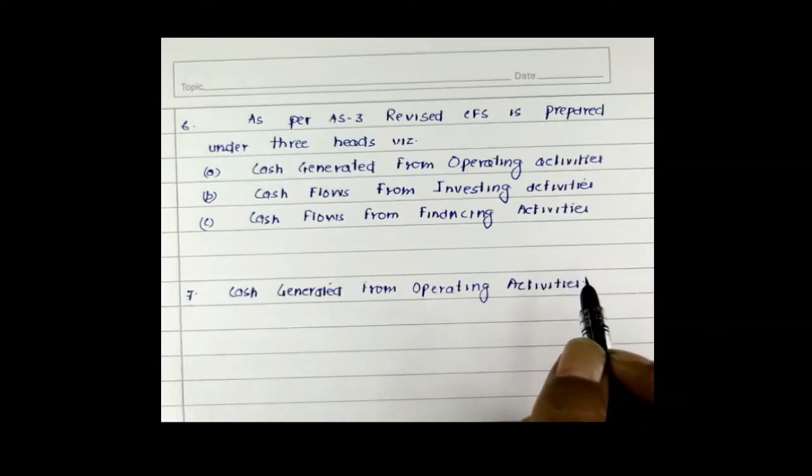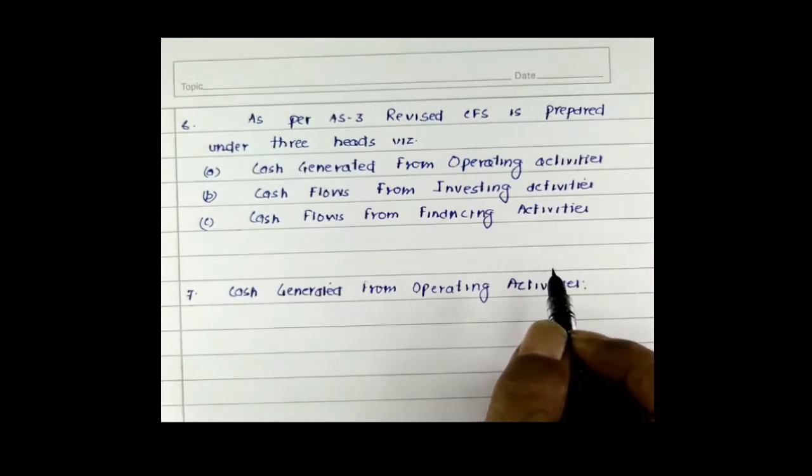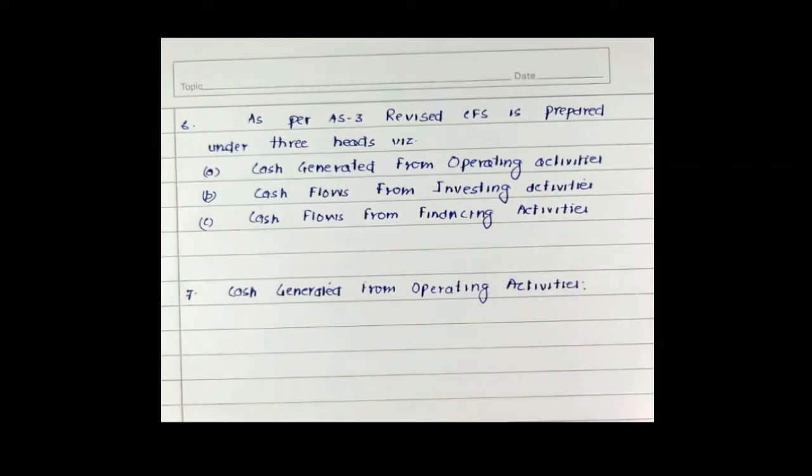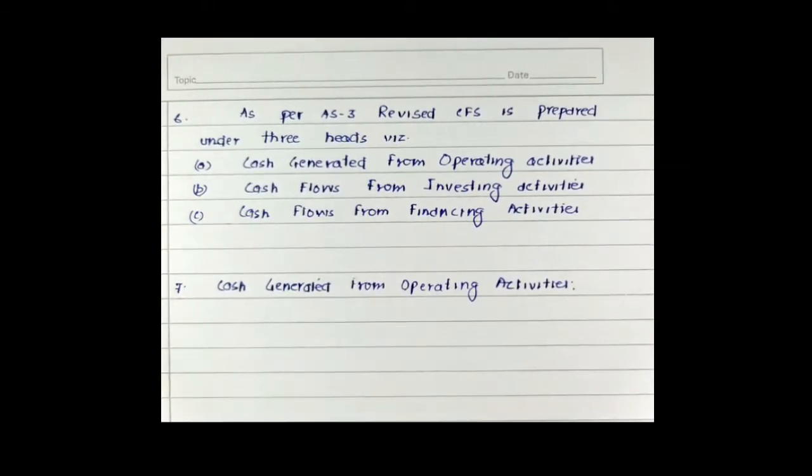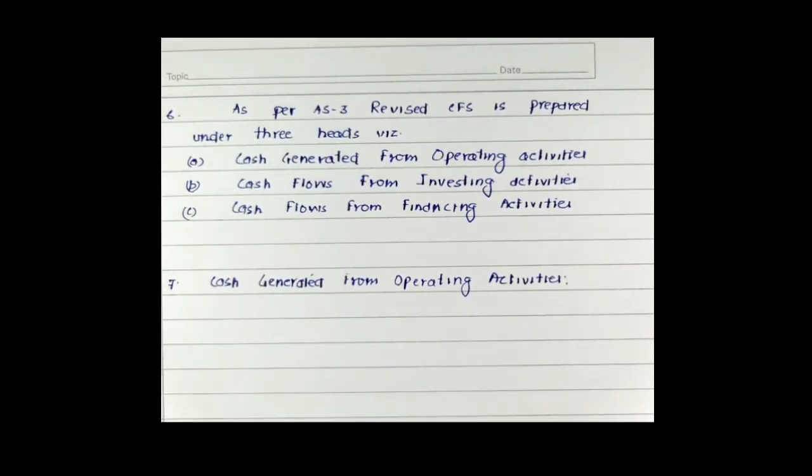For example, if you or I happen to start a business, it is obvious that in order to run the business, we shall have to do sales, we will have to make purchases, we will have to deal with the customer, we will have to receive the payment, we will have to give the credit facility, we may have to receive the bills receivable. Similarly, we may have to purchase the goods on credit, we may have to make the payment to the suppliers of the raw material, we have to accept the bills, we have to make the payments. So all these activities are nothing but normal business activities.